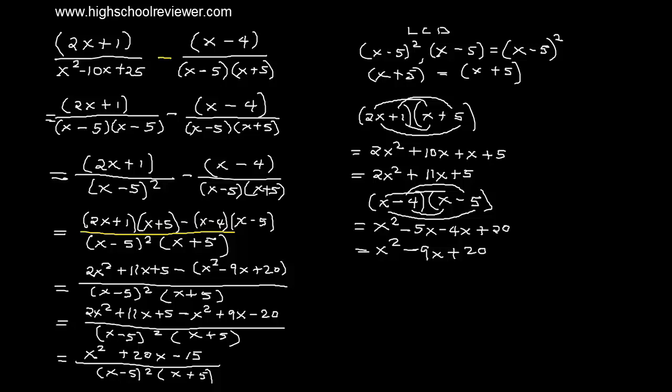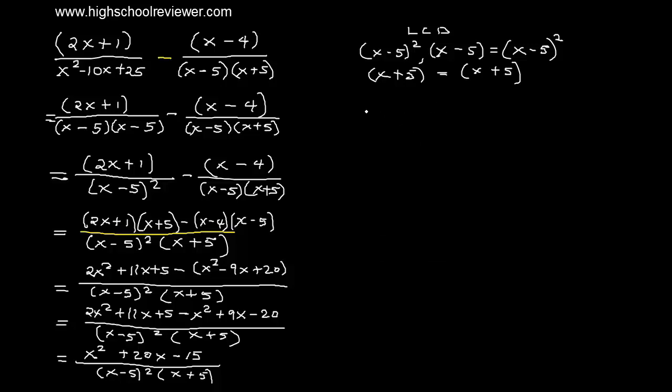Okay, so how do we multiply the denominator? Let us first perform this. x minus 5 raised to the power of 2, that is equivalent to x minus 5 times x minus 5. So this will be equal to x squared. Okay, we have here x multiplied by x. And then we have negative 5x.